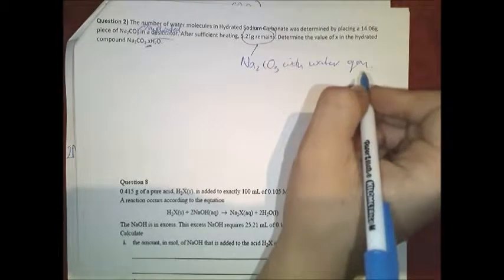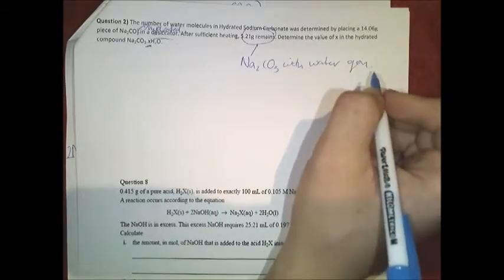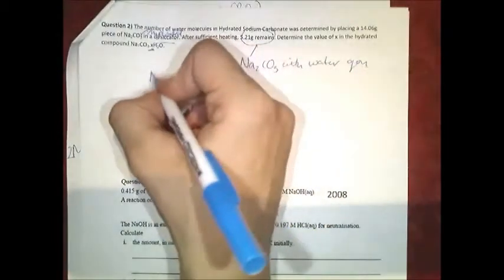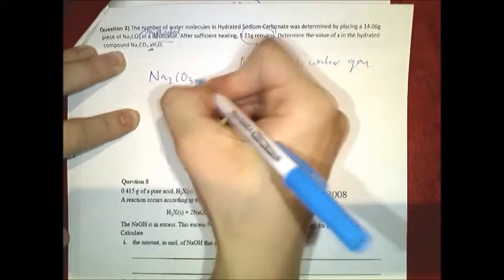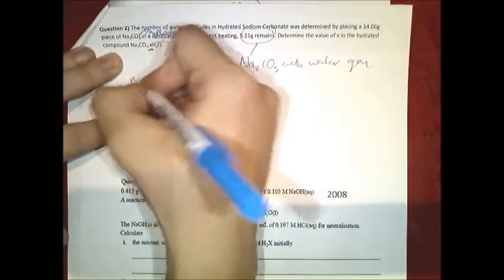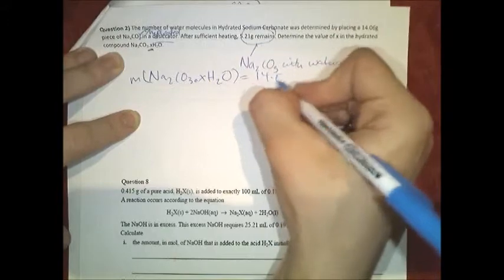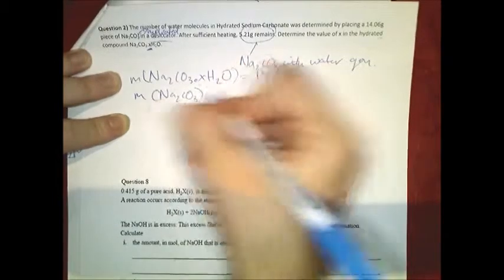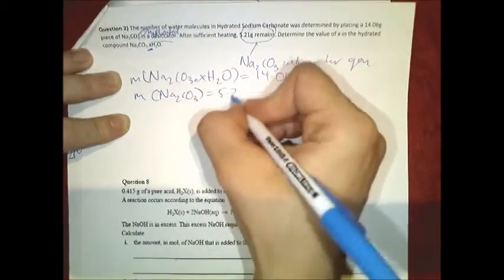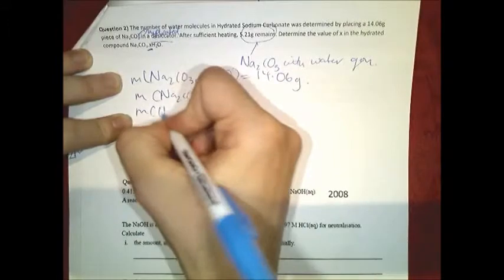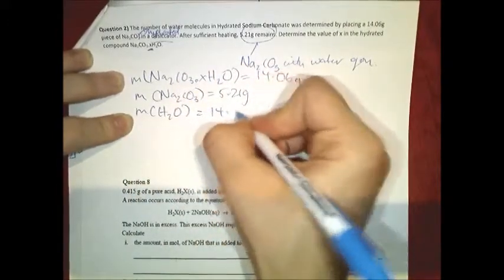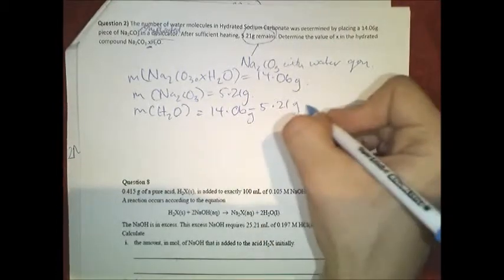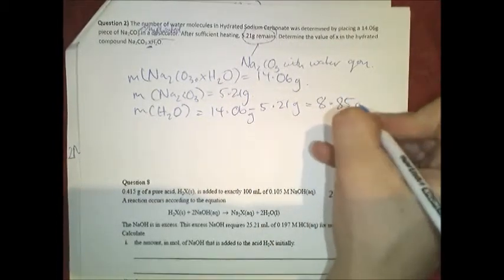Okay, so basically we can determine, we have the mass of Na2CO3.xH2O. The mass of this equals 14.06 grams. The mass of Na2CO3 equals 5.21 grams, and the mass of H2O equals 14.06 minus 5.21 grams equals 8.85 grams.